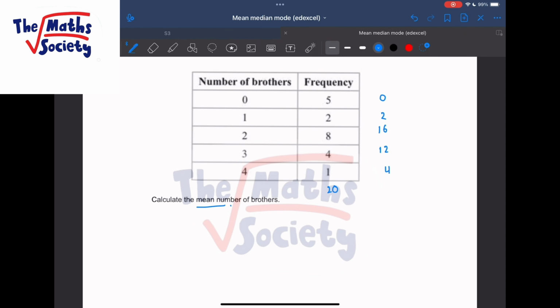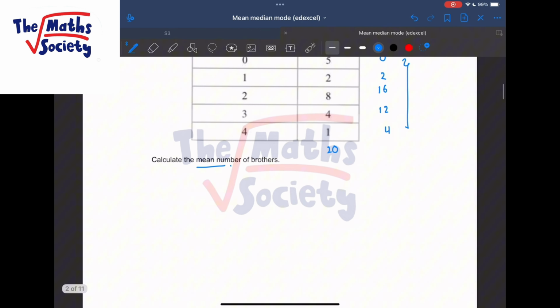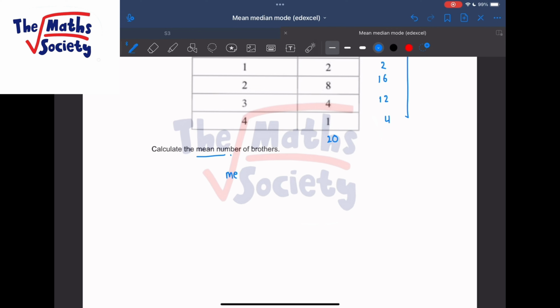To know the mean, we just have to add all these numbers and then divide by 20. So mean equals 2 plus 16 plus 12 plus 4 divided by 20, which gives 1.7, and that is your mean.